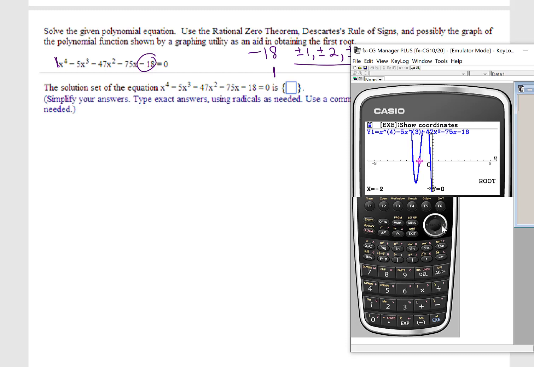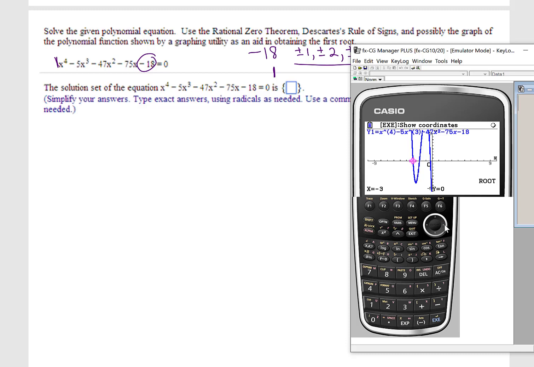Oh, it's looking nice. And then not so nice. But that's okay. We got negative 3 and negative 2. And like I was saying in the previous problem, because our leading term in this polynomial function is x to the 4th power, we need at least 2 of these rational roots so that we can chunk it down with synthetic division.